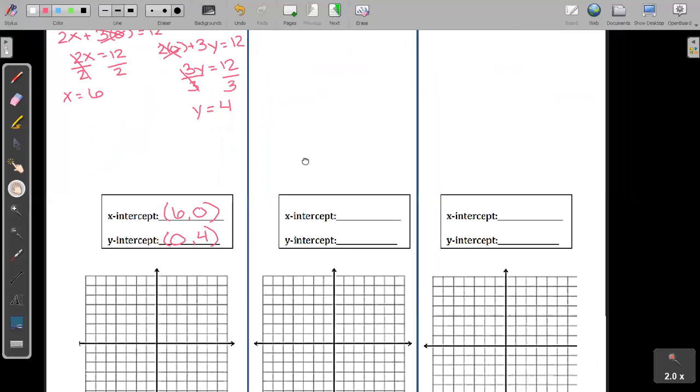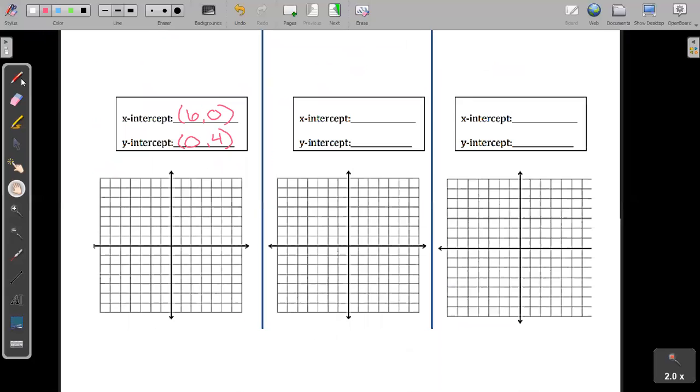Then we're going to graph it. So our x-intercept is going to be on the x-axis. So we have 6, 0. So we go over 6. Put a point. And then our y-intercept is going to be on the y-axis, and that's 4. So then we go up 4. Now we need to connect and draw our line.